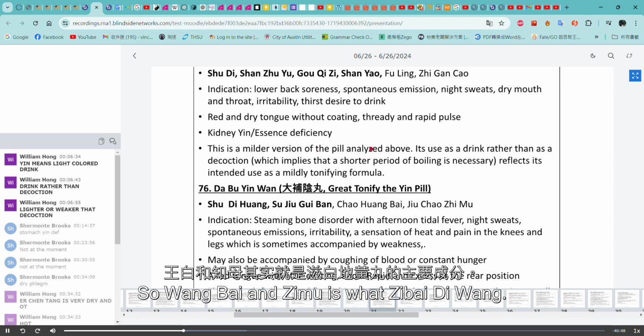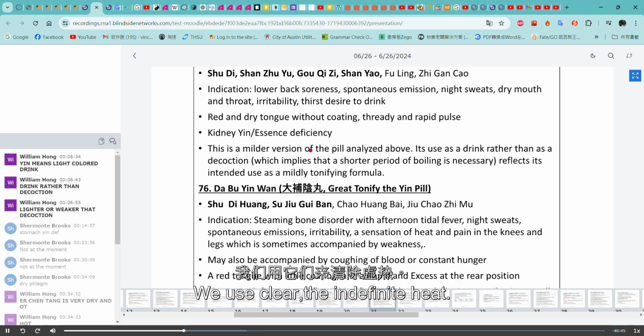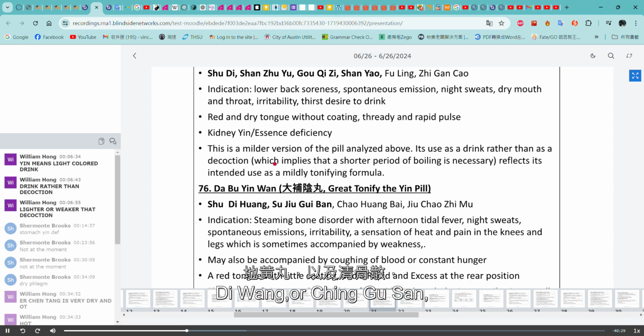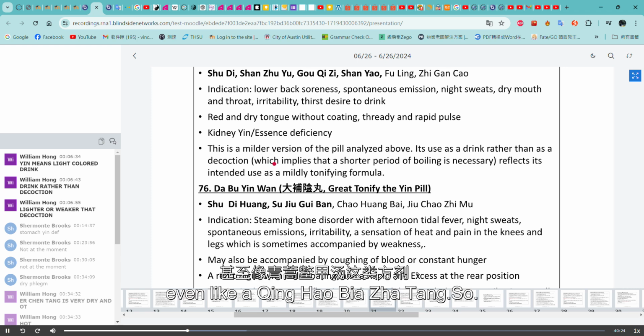So 황바이 and 즈무 is what we use in 지바이 디왕 to clear the deficiency heat. So this is steaming bone disorder. As the student asked, how can you differentiate then 다부인, 지바이 디왕, or 친구산, even like a 칭하오 비해자탕?